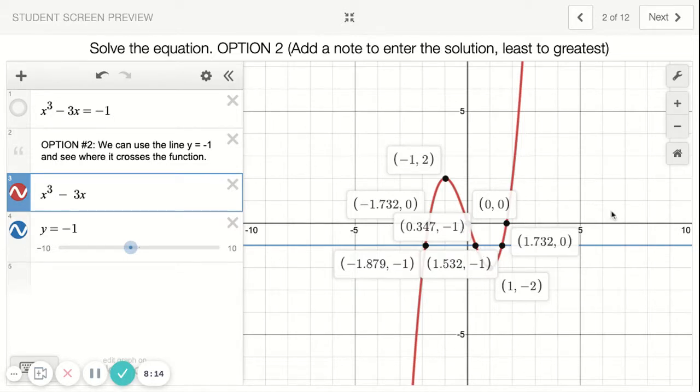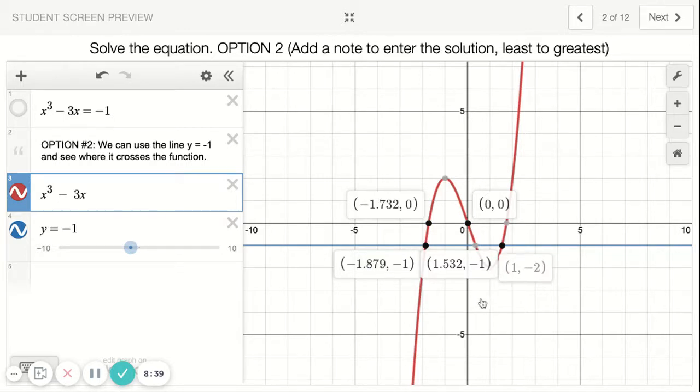For the first one, we only had 1 equation, so there was only one place to look, which was on the x-axis. For this one, we have 2 different functions. So we are looking to see where those 2 functions meet up. That is where our solution is. So we're not interested in any of these points that don't have both lines involved.